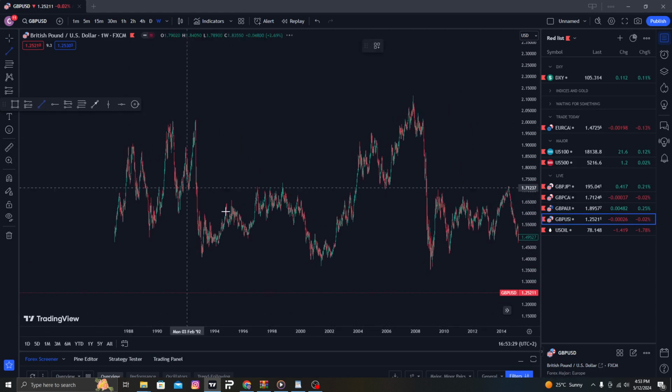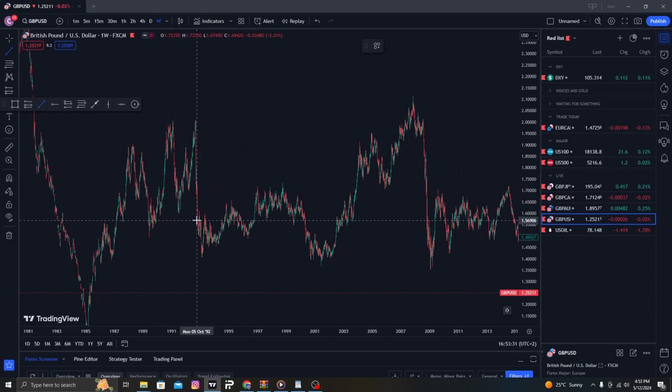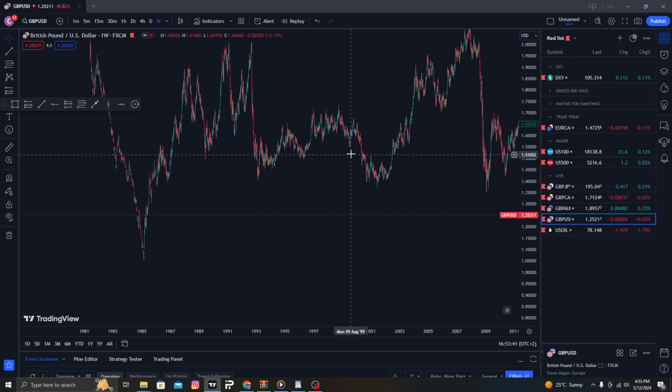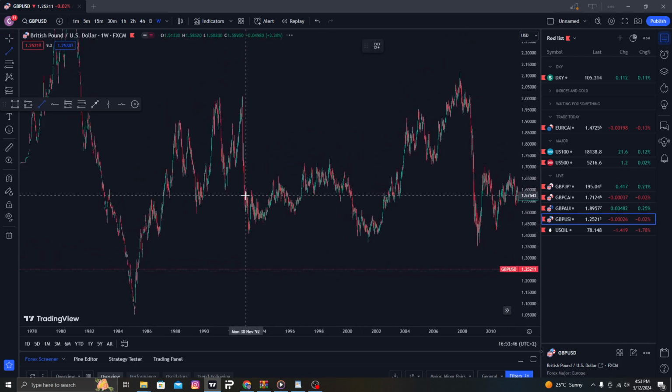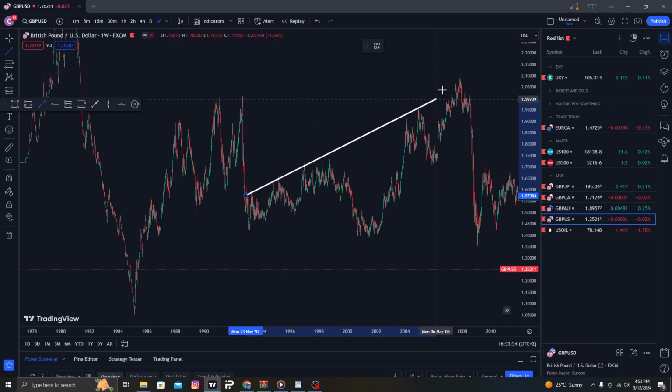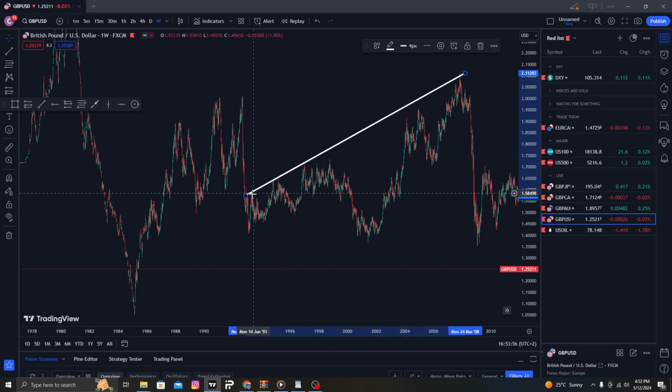You join your higher highs and you join your higher lows to give you an uptrend. You see, I'm joining these points here, another point is here, another point is here. You see they are joining on the chart. This is the first indicator that we have an uptrend.